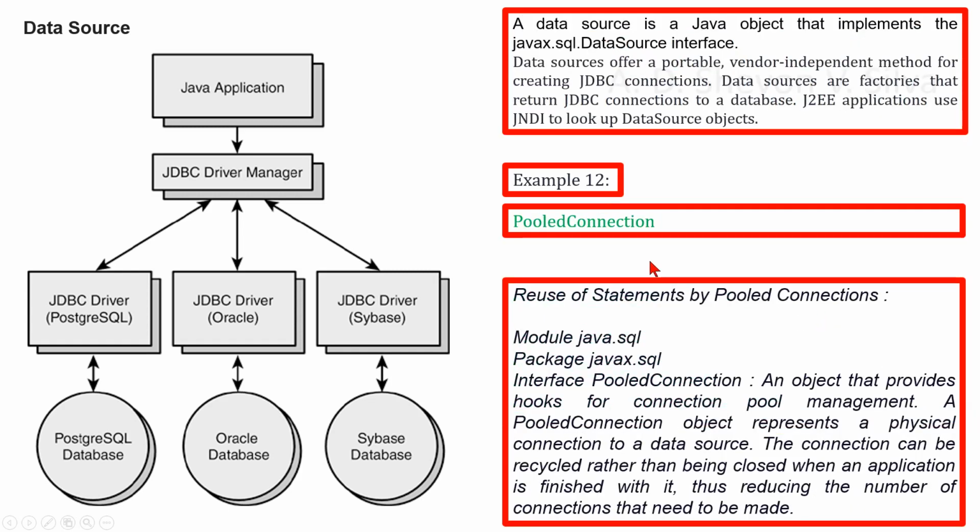Now we are considering reuse of statements by pooled connections. The interface PooledConnection in package javax.sql in module java.sql is an object that provides hooks for connection pool management. A PooledConnection object represents a physical connection to a data source. The connection can be recycled rather than being closed when an application is finished with it, thus reducing the number of connections that need to be made. The JDBC specification provides support for statement pooling.